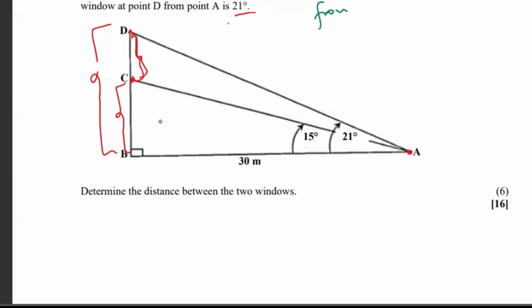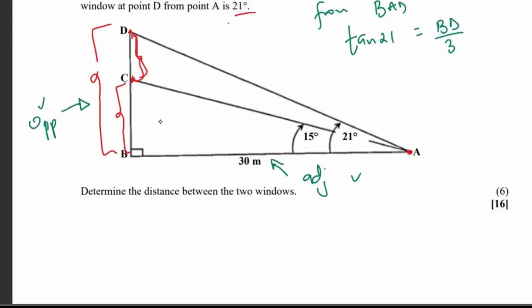So from BAD, the biggest triangle BAD. So I have this as my adjacent, and then I'm looking at getting the opposite. So the trig ratio that combines adjacent and opposite is the tan. So I'll say the tan of 21 is equivalent to the opposite, which is BD over 30.